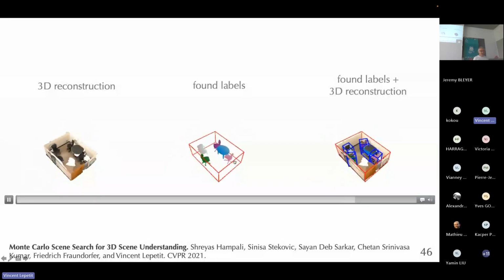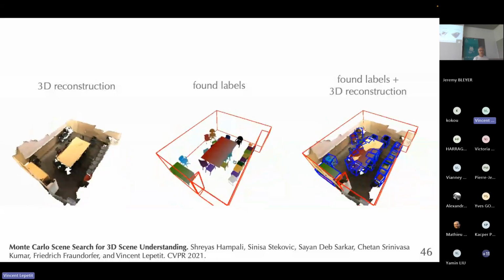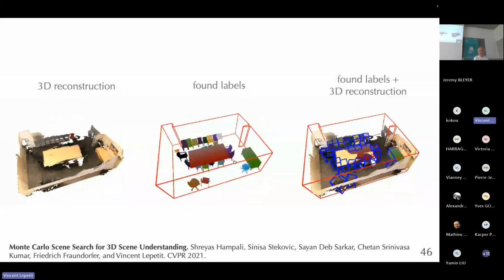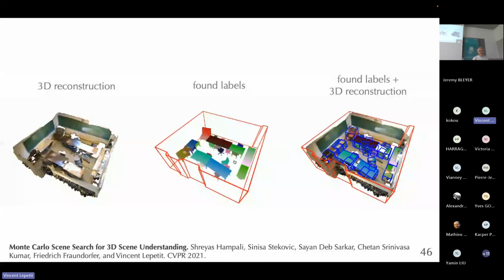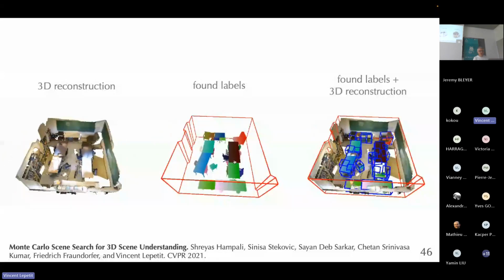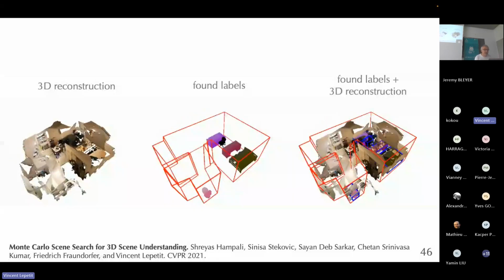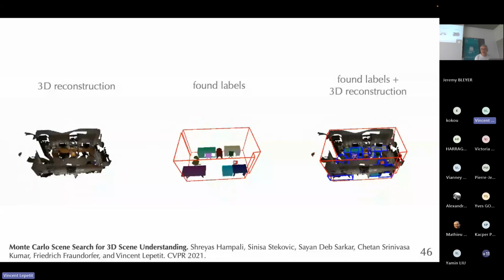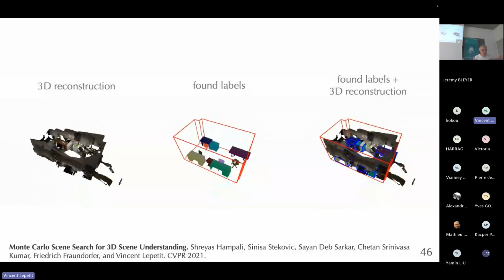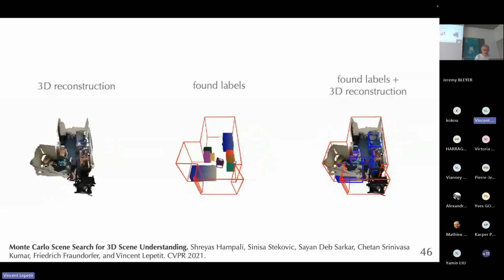That's getting closer to a digital twin in the sense that we have a semantic representation, as we say in computer vision, of the scene. Here it's tables and chairs and so on, because that's what we work on in academia. But you can imagine that it could be trucks, pipes, or whatever you are interested in for your system.